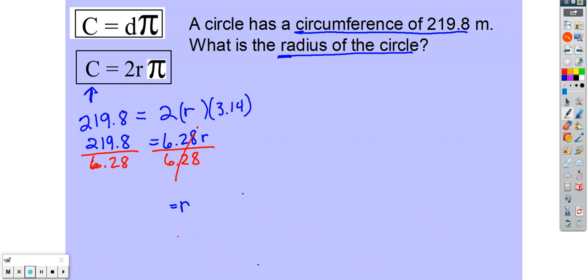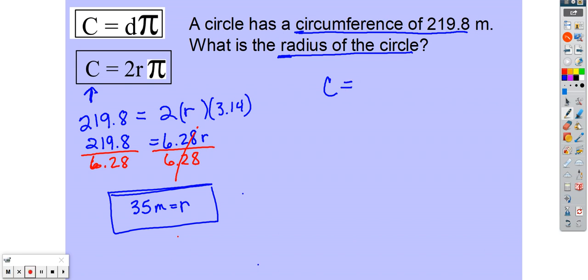My radius is 35 meters. Don't forget your unit. So my radius is 35 meters. Now if I wanted to check that, I could plug it back into my formula.